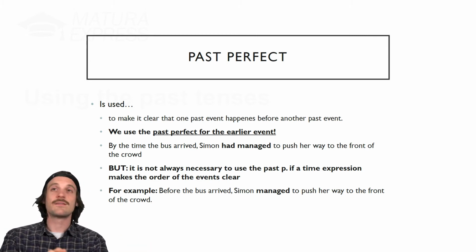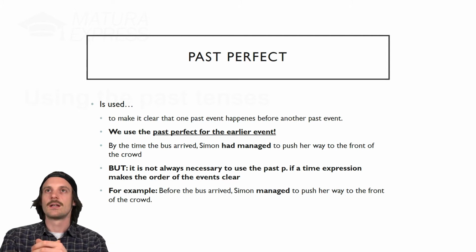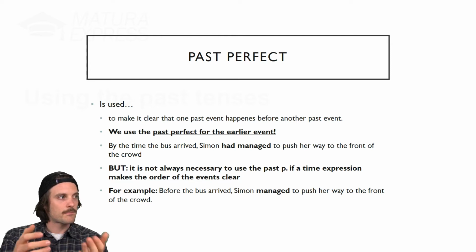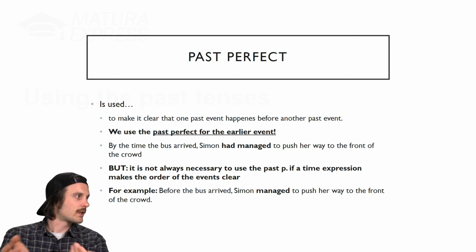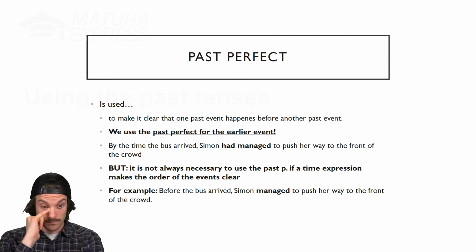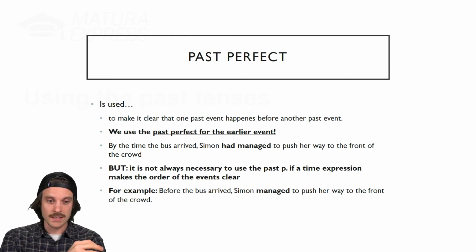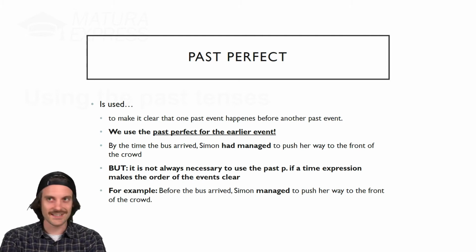Sometimes, of course, if it's clear which one happened before, you don't necessarily have to use the past perfect, but to make sure that you understood it, or just to be sure that it's correct, just use it. In this case, the first example basically is not as clear-cut as the second example.